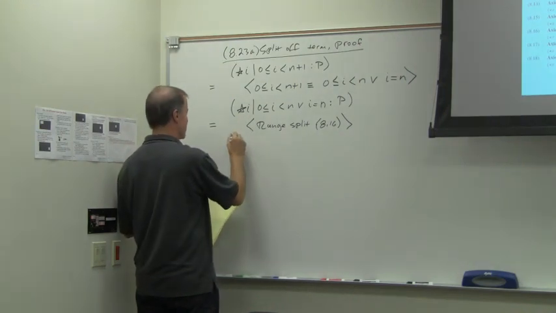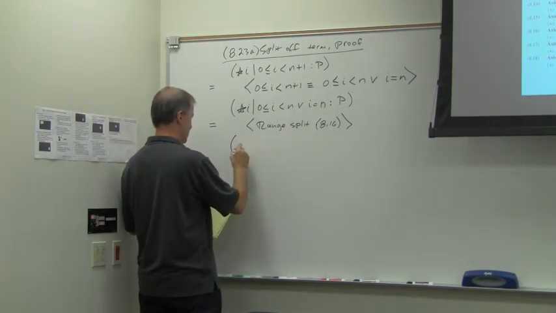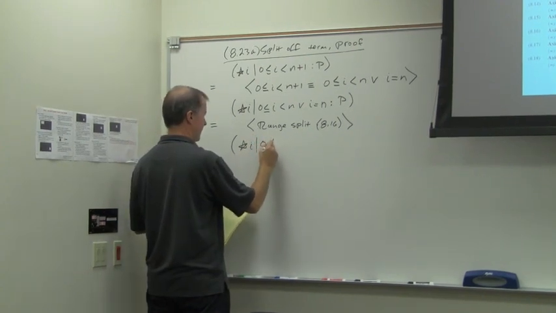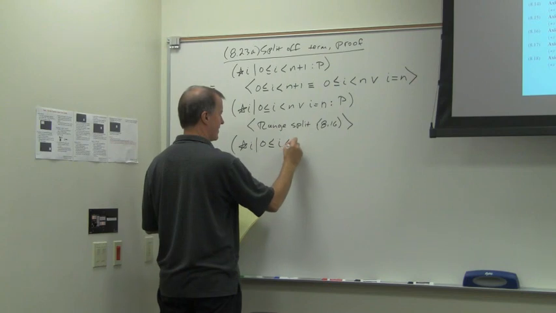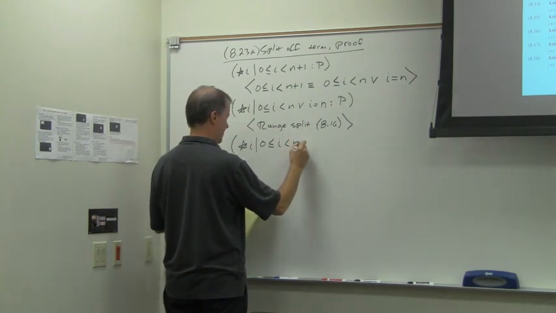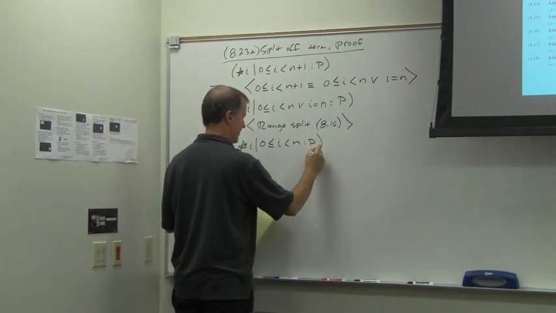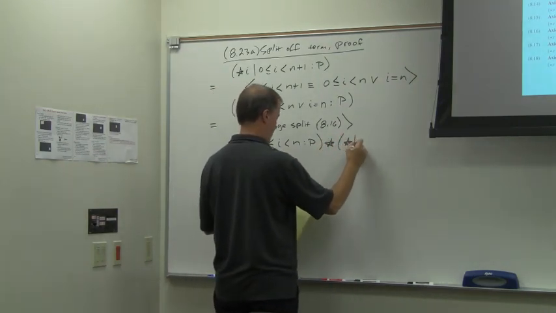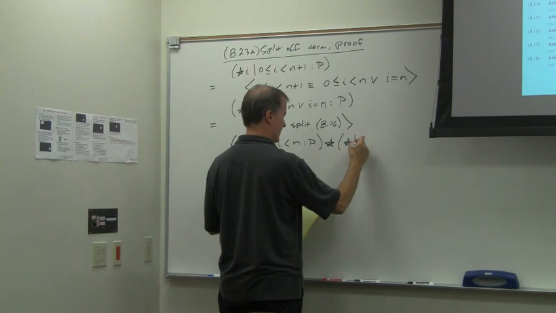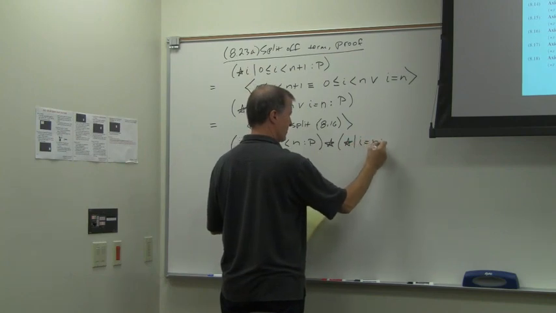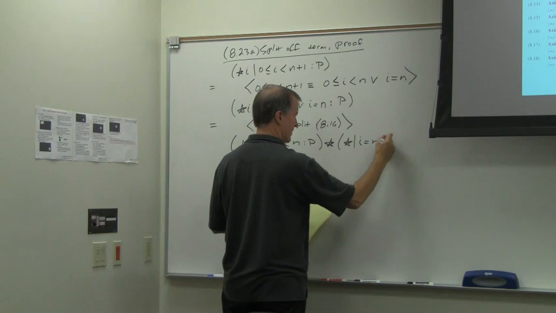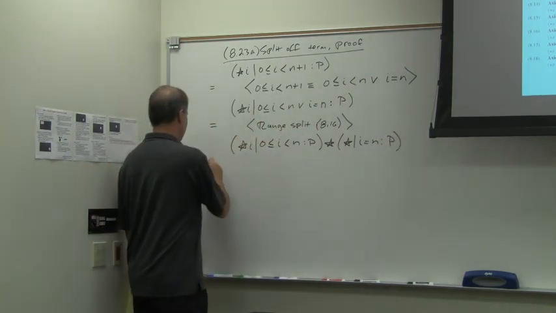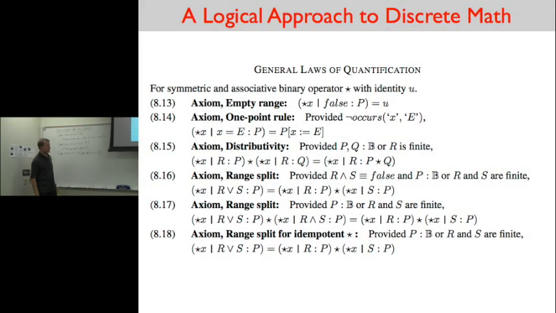Okay, so tell me, Josh, since you came up with this. Star I, range 0 less than or equal to I, less than n, body P, star, star I, range I equals n, body P. We should use the one-point rule.